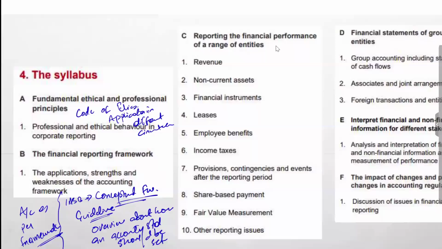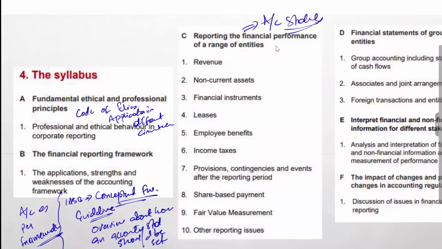Then we talk about another area, which is the accounting standards. There is a huge list of accounting standards, many of which we have already studied at the financial reporting level.